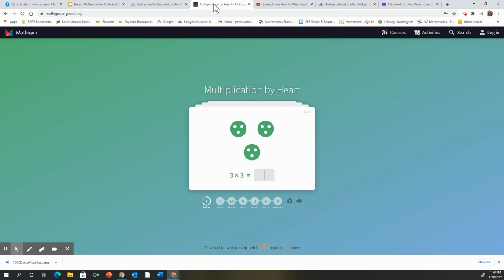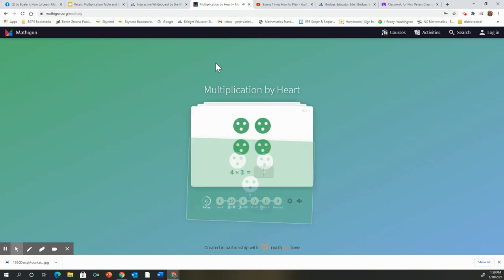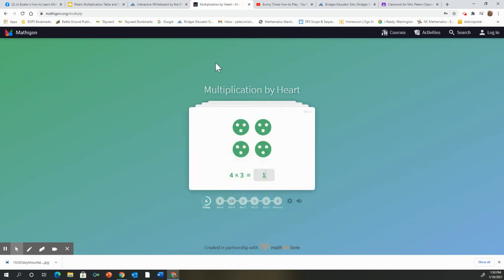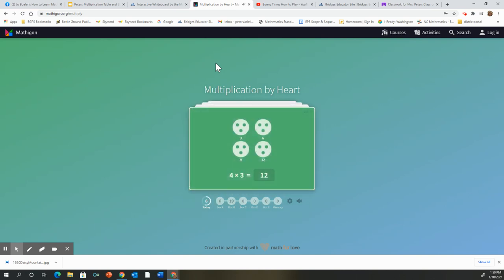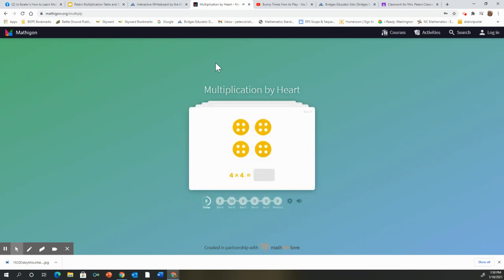One of the sites that I'm going to share with students is called Multiplication by Heart. It's on a site called Mathigon, and it uses models of equal groups and asks students to record products and gives them practice with that. So they figure it out and they enter an answer, and if they happen to get a wrong answer, it will say, oh wait, rethink that, and show the right answer.